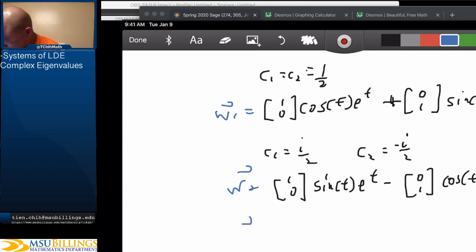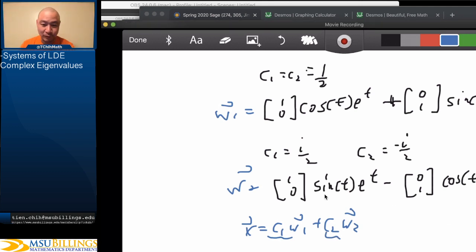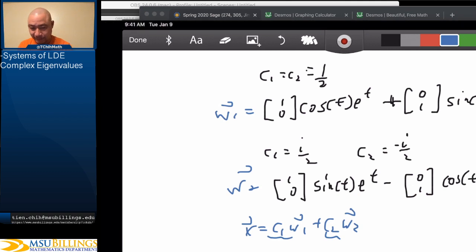So in general, my x value is C1 W1 plus C2 W2. These are new C1s and C2s. Of course, they're not the same as these, right? But we're just reusing that out of a sense of familiarity. And that means that x1 is C1 cosine of t e to the t plus C2 sine of t e to the t, right?